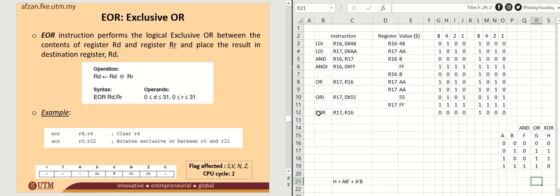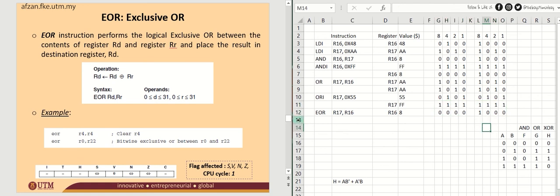Now, EOR R17 R16. So what you're going to do is this is your R16. You want to do a logical exclusive OR between these two numbers.